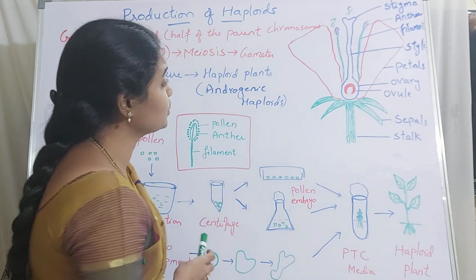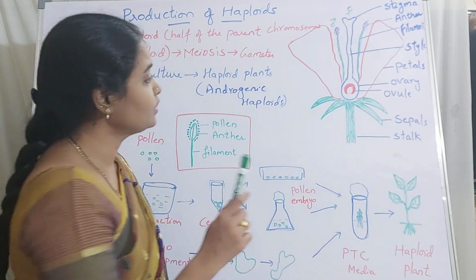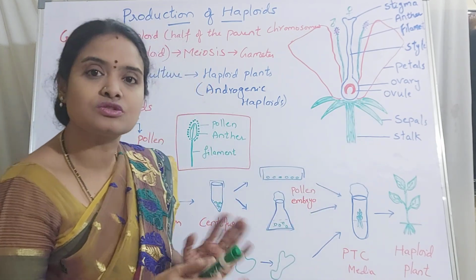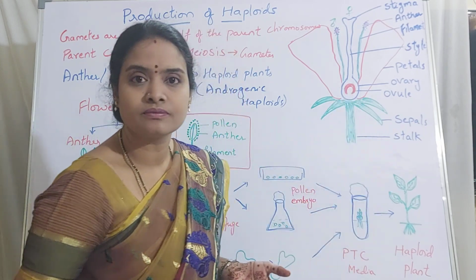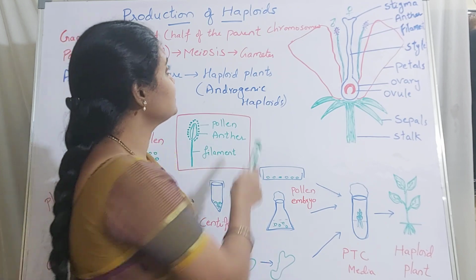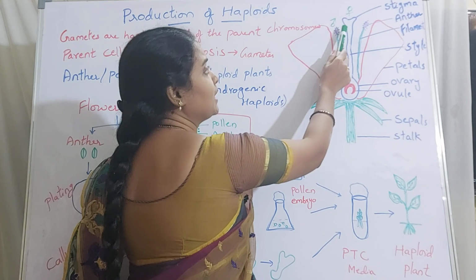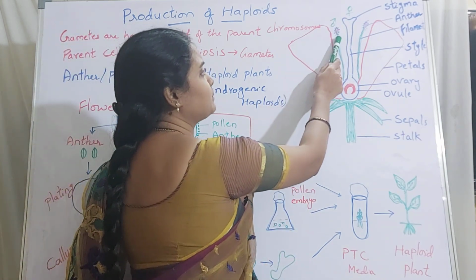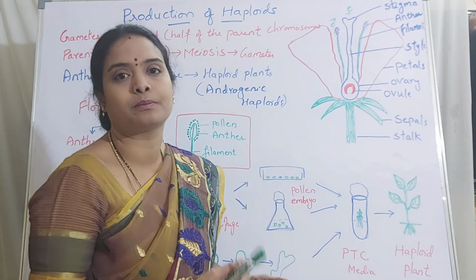Here you can see the plant or the flower is diploid, and the fruit which has developed after fertilization is also diploid. So when you sow the seeds of that fruit, it will give rise to a diploid plant. But in this case we are not using both the male and female gametes. Either we make use of male gametes or only the female gametes to produce these haploid plants.